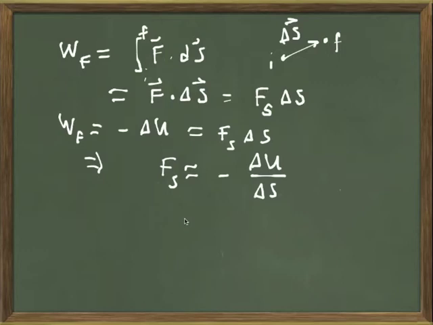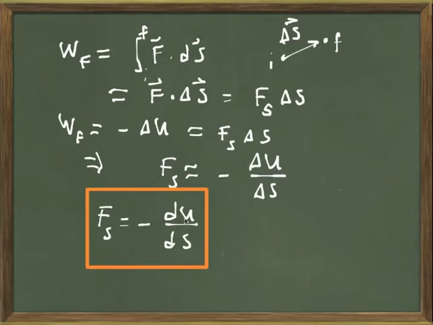That will give me the component of the force along that direction. And in the limit, when the distance is infinitesimal, this ratio turns into a derivative, right? So this equation tells you that the component of the conservative force in the S direction, x, y, or something in between, should be the negative of the derivative of the potential with respect to that direction.